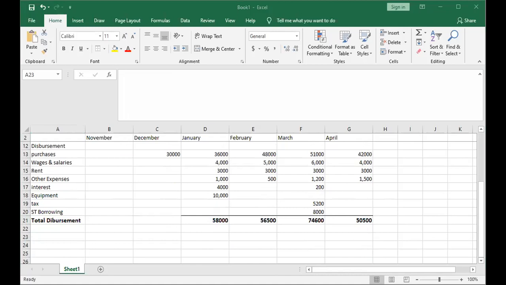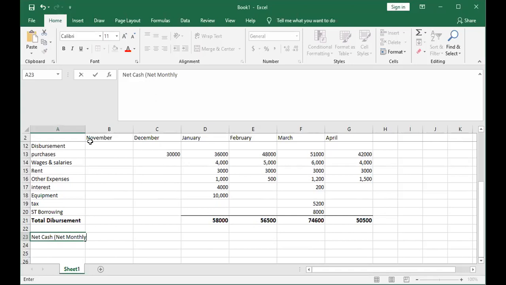Once you get the total cash receipt and also the total cash disbursement, then you can find the net cash, also called the net monthly change.